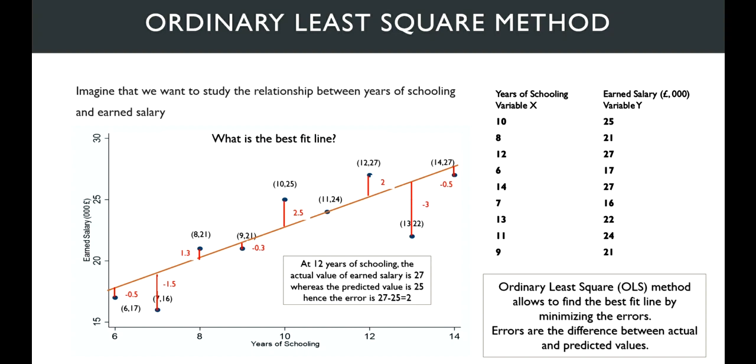So, as I said earlier, according to the OLS method, the best fitted line is the one with the minimum of errors. If we have another regression line, then we can compare the errors from this blue line and the red line, and we consider the best fit to be the one which has the minimum of errors. But then the question is, how do we compare the errors?